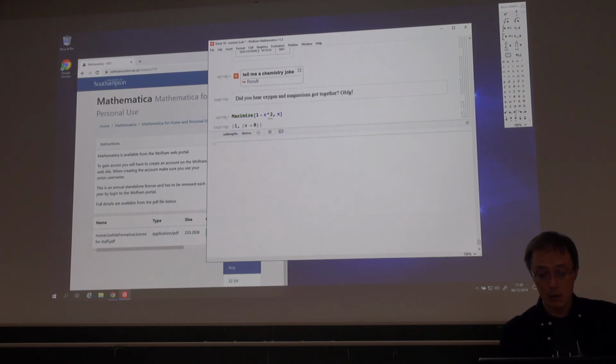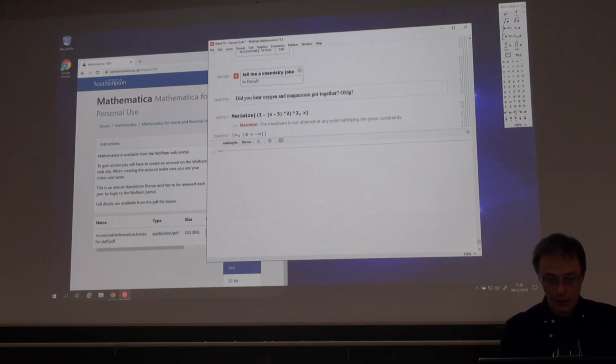X equals 0, in this case, we say x minus 5, so that shifts the minimum to 5 as your x, and that's the value. If we make this a bit more complicated, we square it again to make sure that that is an interesting function. Then the maximum is actually at minus infinity, and it's equal to infinity.